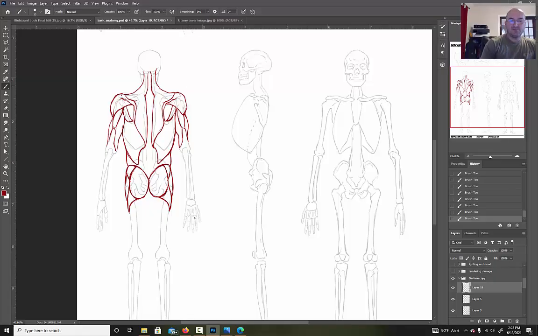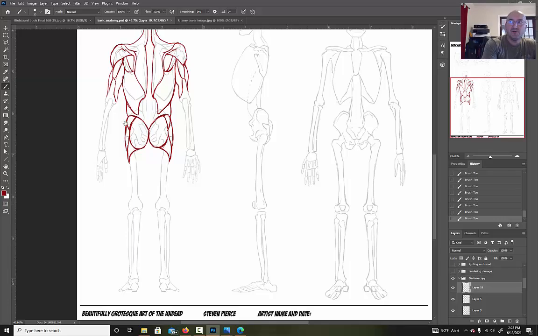Now, let's move down to the leg. So the hamstring is a little bit more involved. So we're going to keep these pretty basic. So you'll see the inside here, this large muscle here is the groin muscle.